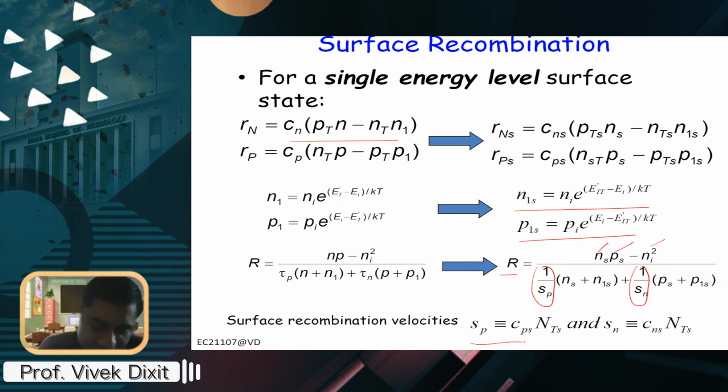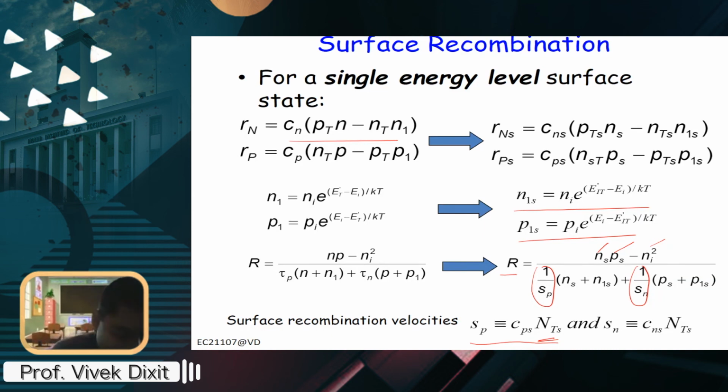And this S p n is also written as C times Nt, where Nt is the trap density, or trap state density. So sometimes you may encounter surface recombination. This is a mechanism very similar to trap-assisted recombination, but it occurs at the surface due to the dangling bonds, right?